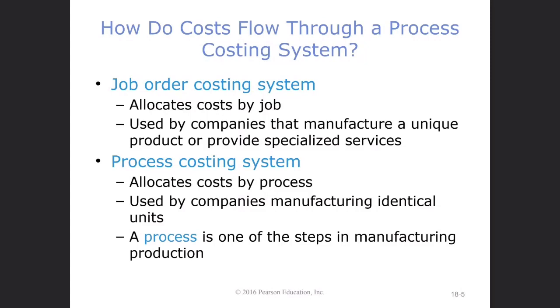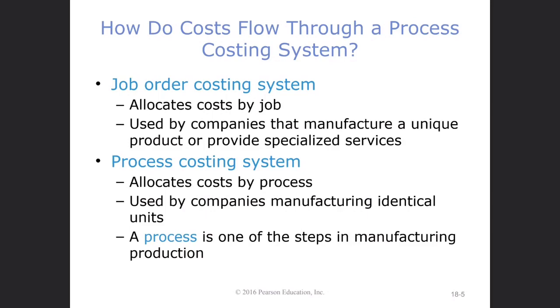In a process costing system, they allocate cost by process. They are used by companies manufacturing identical units. So our tablet example would be using a process costing system because we're more than likely producing a large amount of tablets. They're all the same product, and more than likely they're all identical.